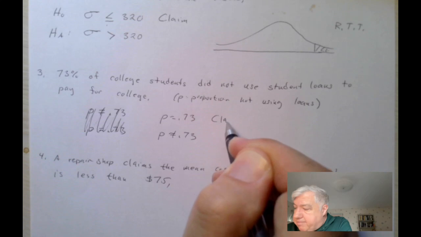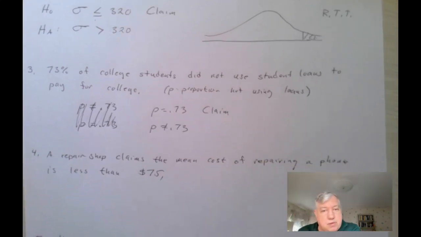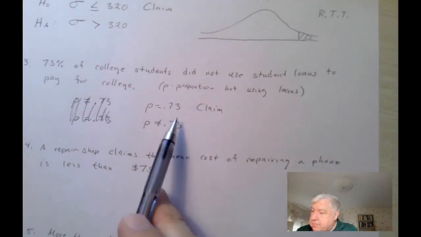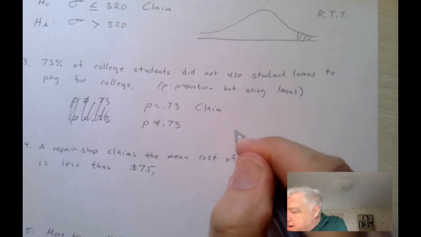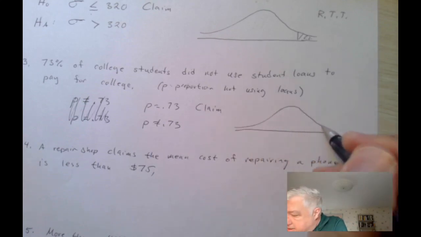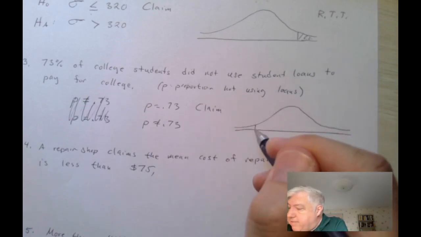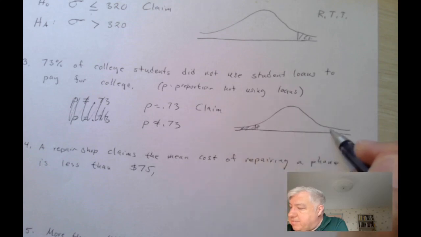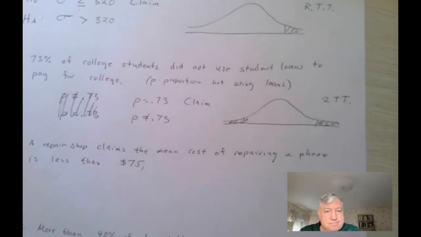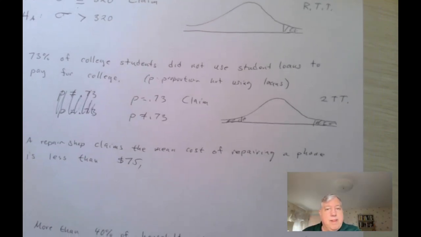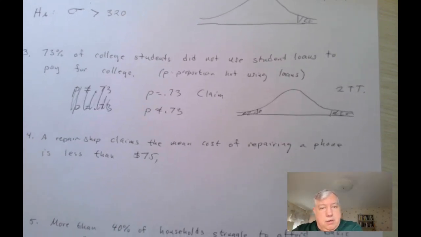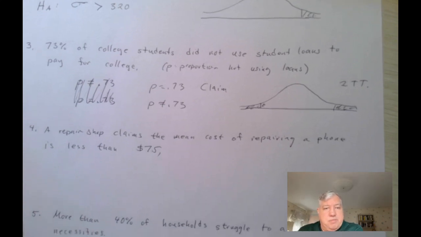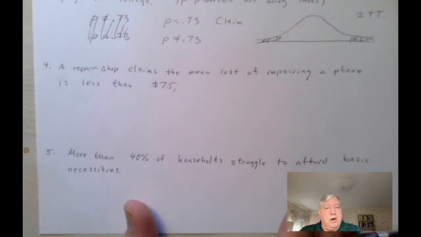And this is our claim. And because we have equality here, the unlikely values could be on either end. So this would be a two-tailed test. I have to define what P is, but we made it there.